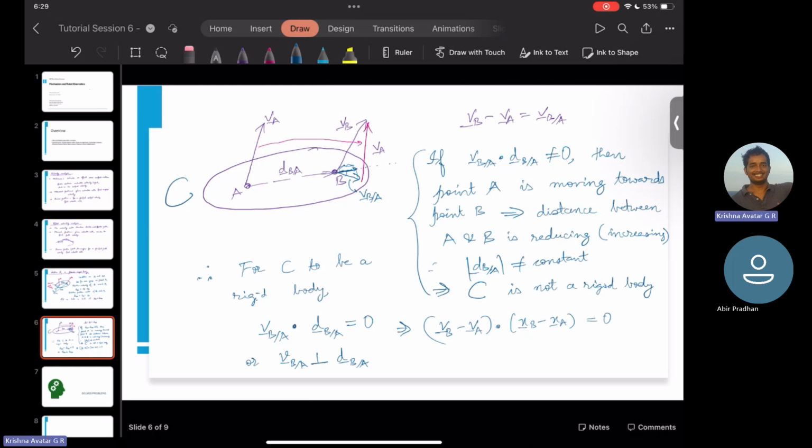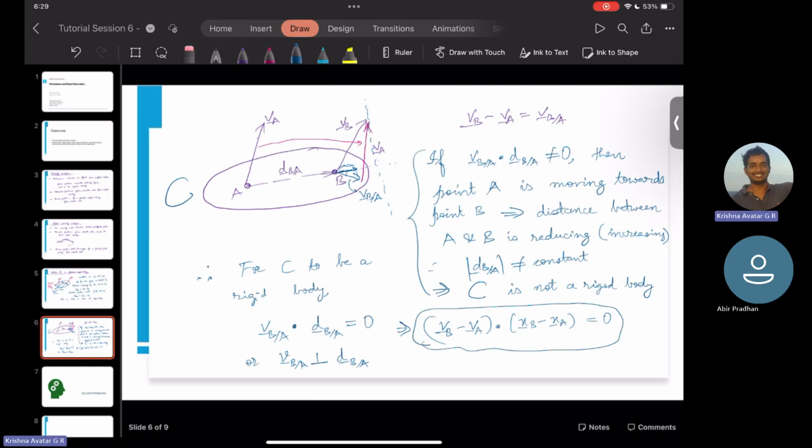So this is the condition on vector VB, given VA and the distance, that it has to follow this requirement.